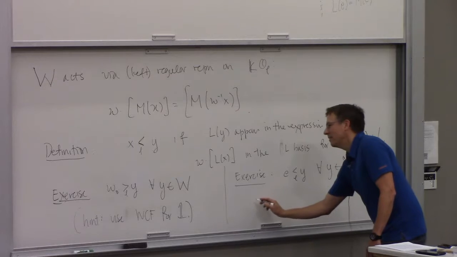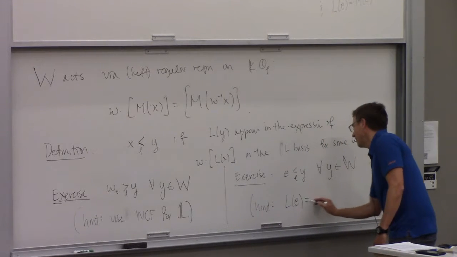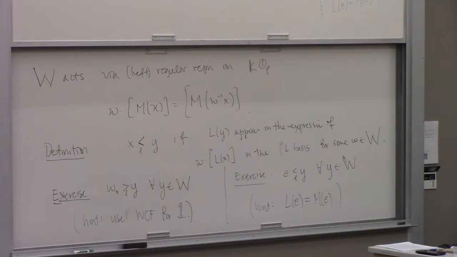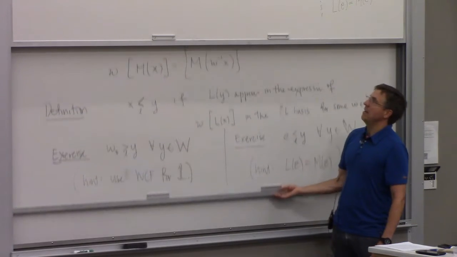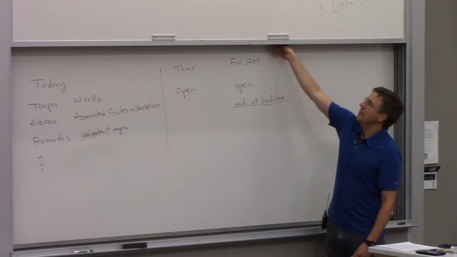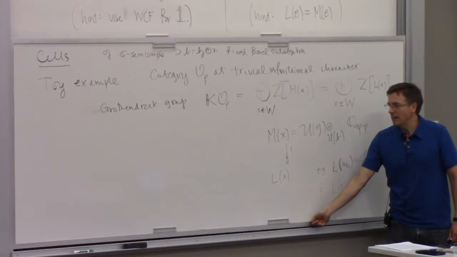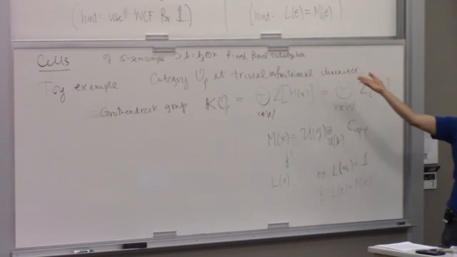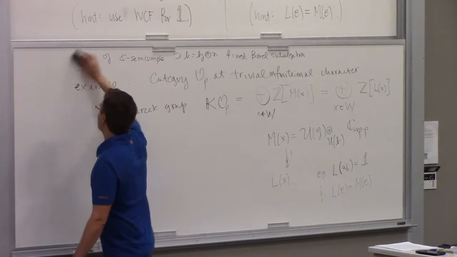And then here the hint, or it's not really a hint, is the fact that you use L and you use N. Okay, so that's in some sense an elementary definition, but it's complicated to compute because you have to know something about the L basis.